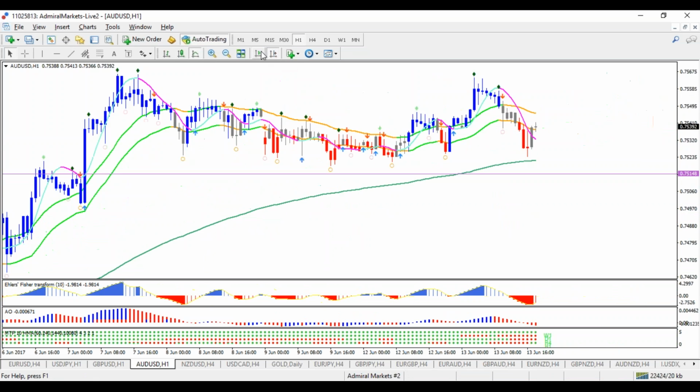Probably I would need to see a break above the 21 EMA, and I would like to see a hook back to it. Because price is going below it again, so I want to see momentum there. So I would like to take it there. So that's my plan on the Aussie.